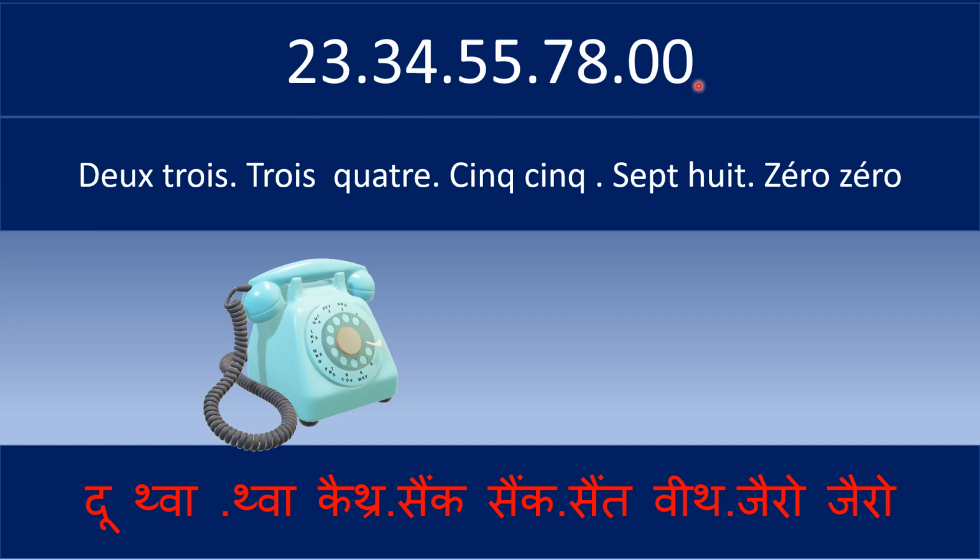This is a wrong way. Okay, so in French, if I have to say the phone number, how we say it in English, then we'll say 2, 3, 4, 5, 5, 7, 8, 0, 0. Clear? I'll read it again. 2, 3, 4, 5, 5, 7, 8, 0, 0.